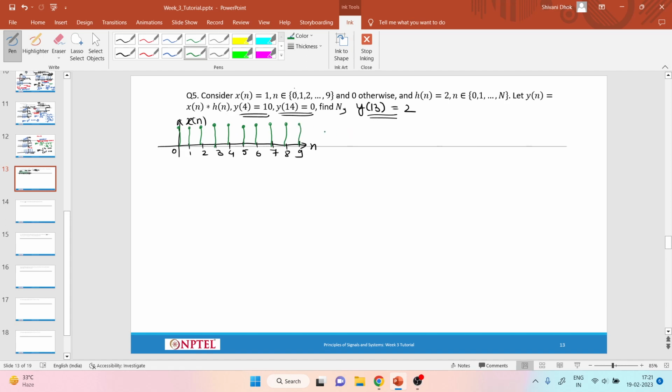Okay, so this is my x of n, and my h of n is something like this. So it is 2. This is 1, this is 2. The diagrams are not to the scale.